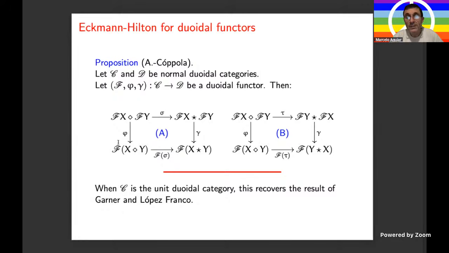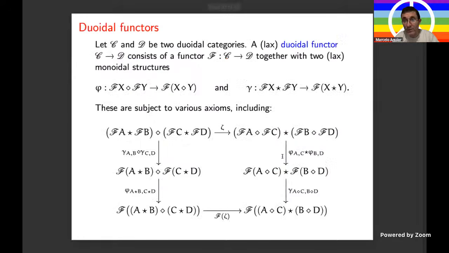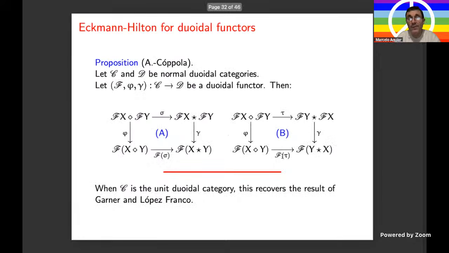So what this says is that the transformations phi and gamma intertwine sigma with f of sigma and tau with f of tau. So the duoidal axiom, which if you look here is a hexagon and it involves zeta, nothing about sigma and tau, but remember sigma and tau were specializations of zeta, implies that these two diagrams commute.